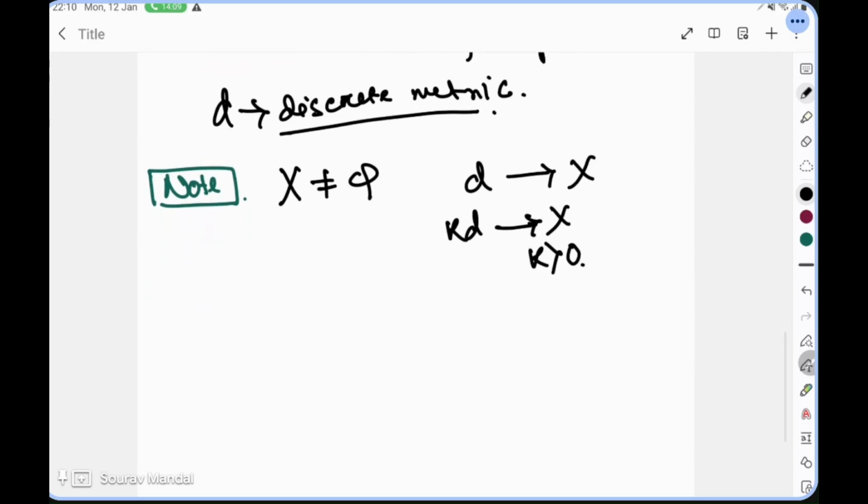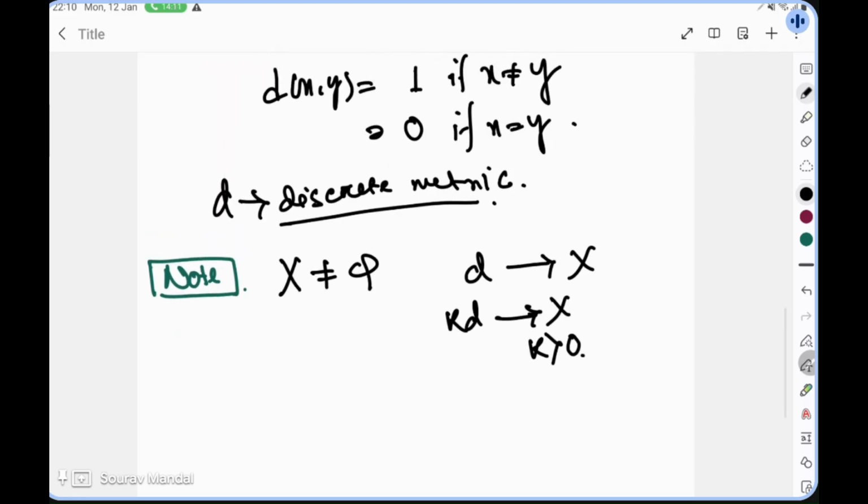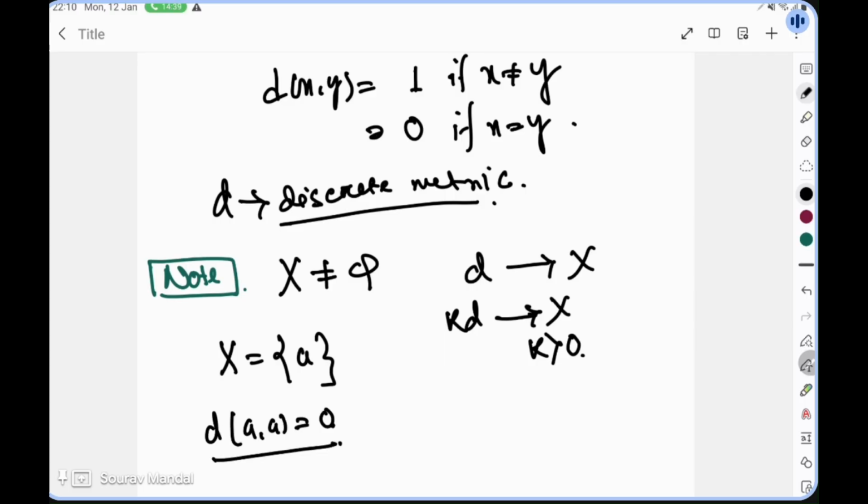That is fine, but is it always true? Suppose I am considering X with only a single element. Then how many possible metrics can you define on X? There is only one metric, and that is d(a, a) equal to 0. Nothing else.